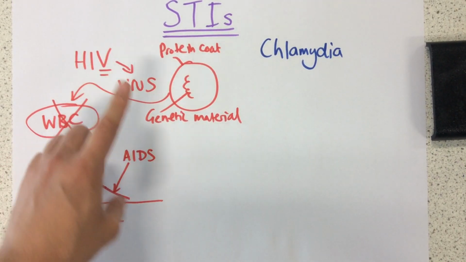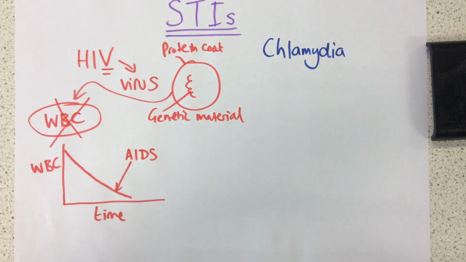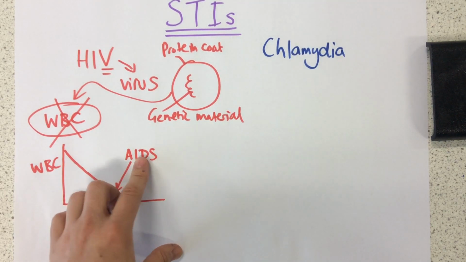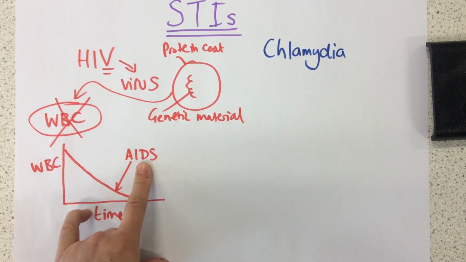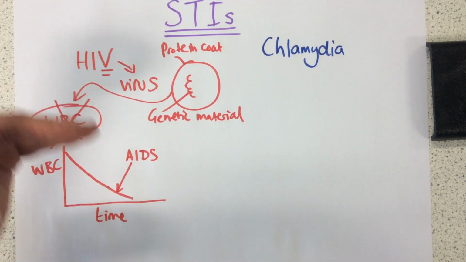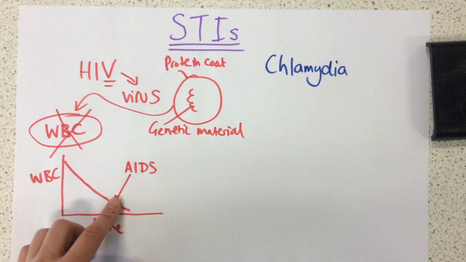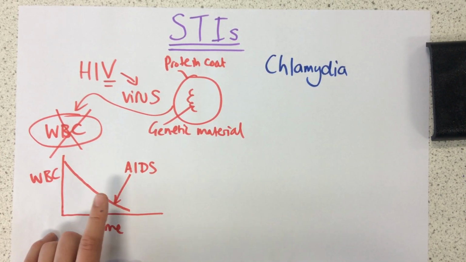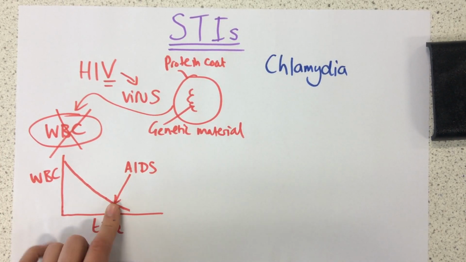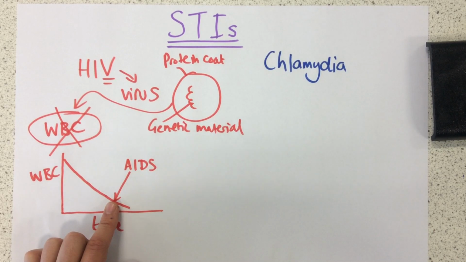So HIV is the virus, AIDS is the disease that it will eventually cause. All AIDS is, is when we get below a certain number of white blood cells, your body is extremely vulnerable to other pathogens. And even a flu, influenza or something like this, can suddenly become life-threatening.